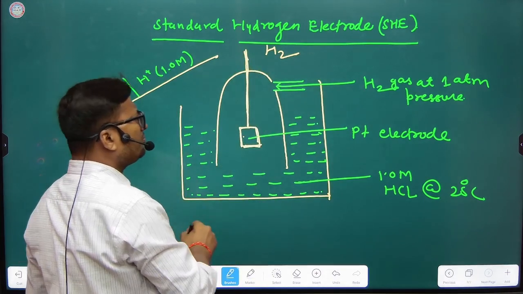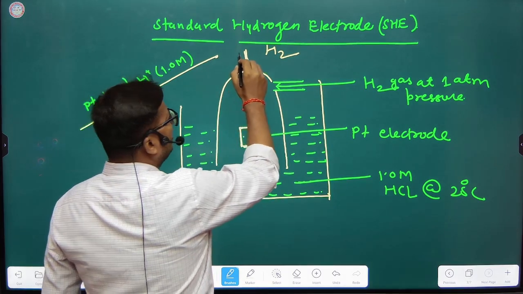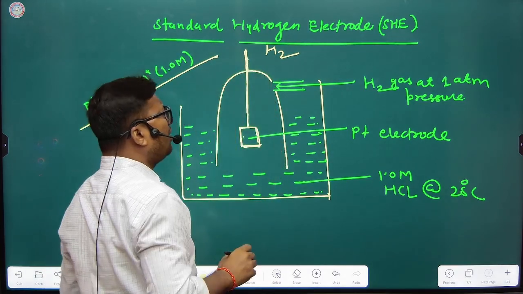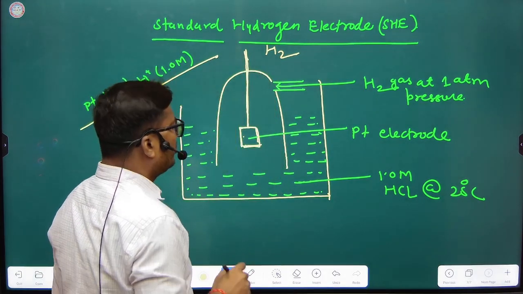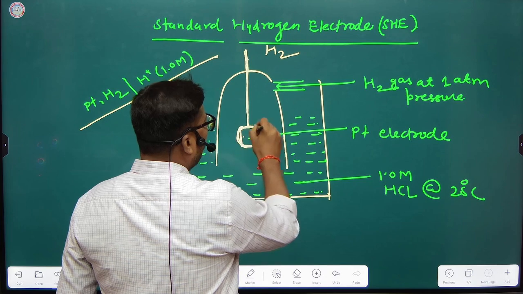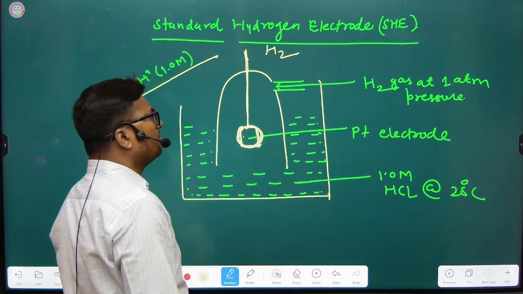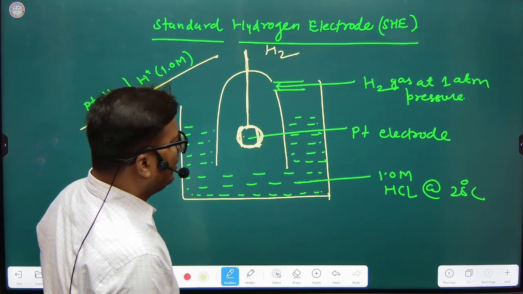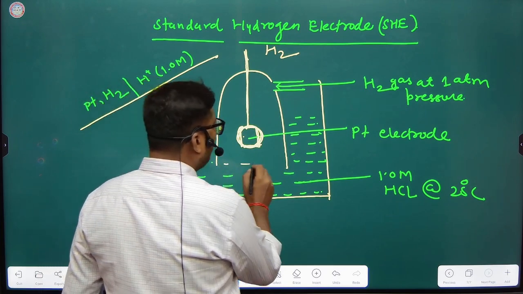Externally they are connected with a multimeter or potentiometer, right? This platinum plate is dipped in the electrolyte.